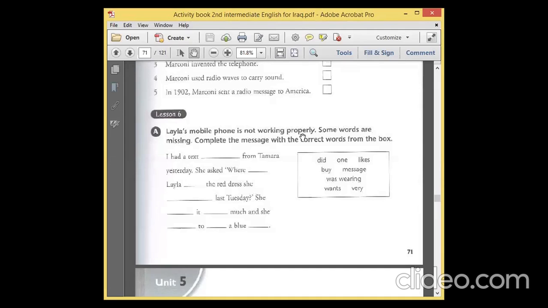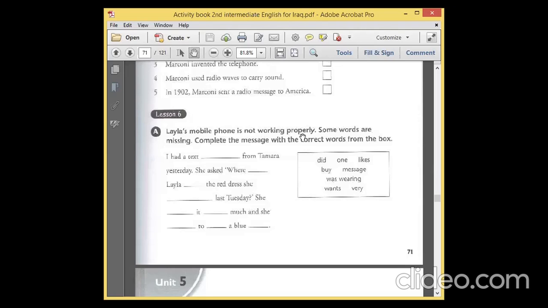Now, you have to read this and suppose that you cannot hear Layla when she speaks. Have I lost the connection? No. So let's complete it.